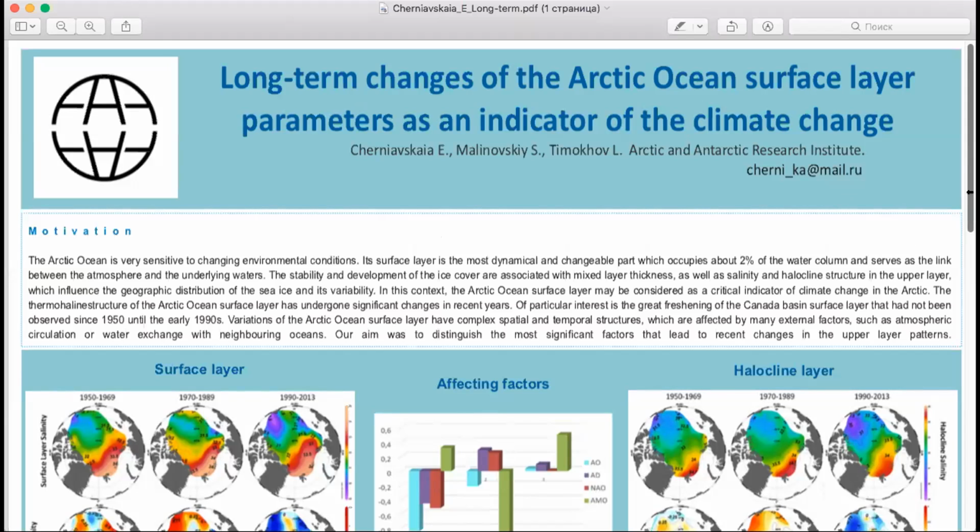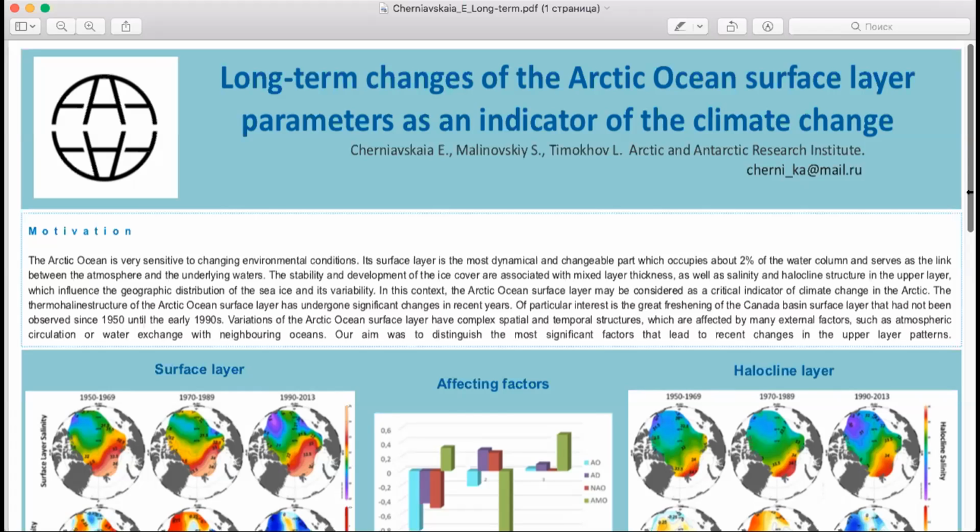We may consider variations of the surface layer state as an indicator of climate change, first of all because the surface layer is the link between the atmosphere, sea ice, and the underlying waters.